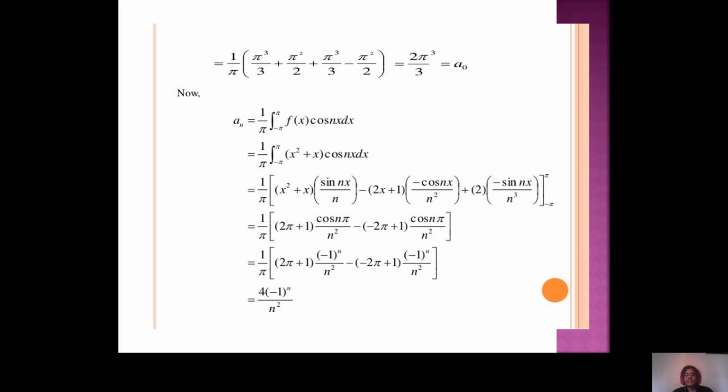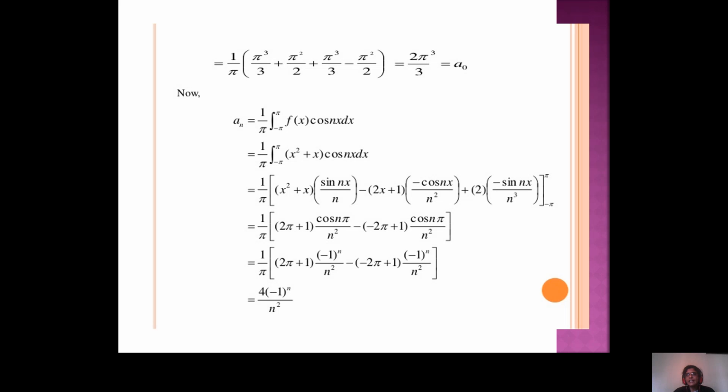Next, when you substitute pi and minus pi, you get 1 by pi, pi cube by 3 plus pi square by 2 plus pi cube by 3 minus pi square by 2, which is equal to 2 pi cube by 3. That is a naught.